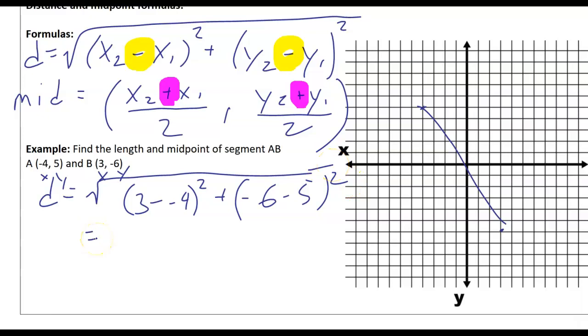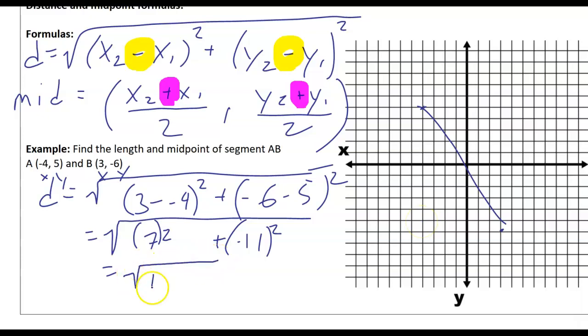And then I get 7 squared plus negative 11 squared on the inside. That ends up being 49 plus 121 on the inside. We'll just leave it as a square root in this case, square root of 170. That's about 13, I think. But you can just leave the square root alone. That one does not simplify, and you can double check if you don't believe me.